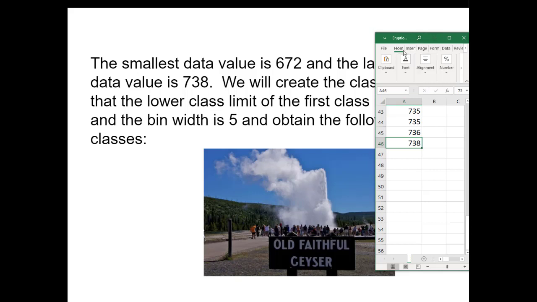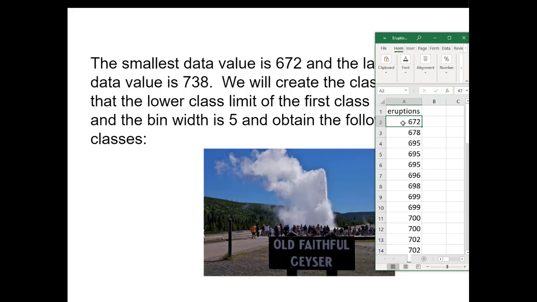If we wanted to create bins, another way you can call a bin is a class. We need something that is large enough to have the lowest value and large enough to also accommodate the greatest value.